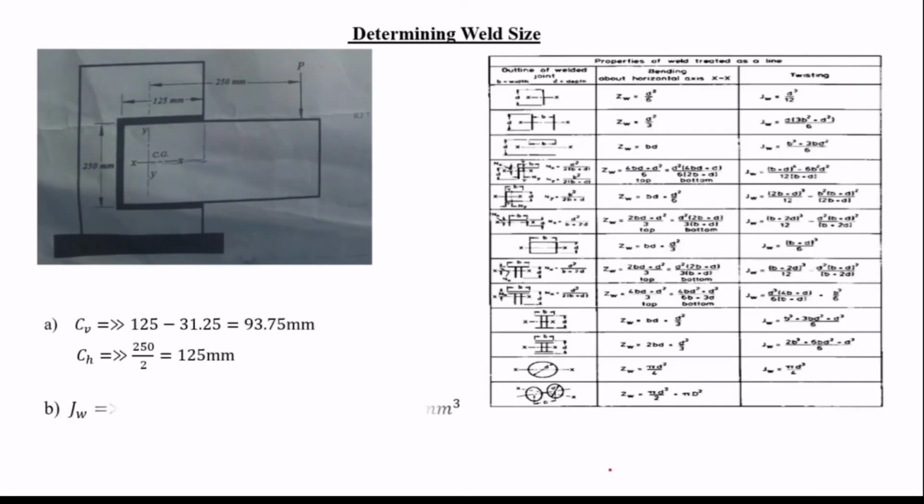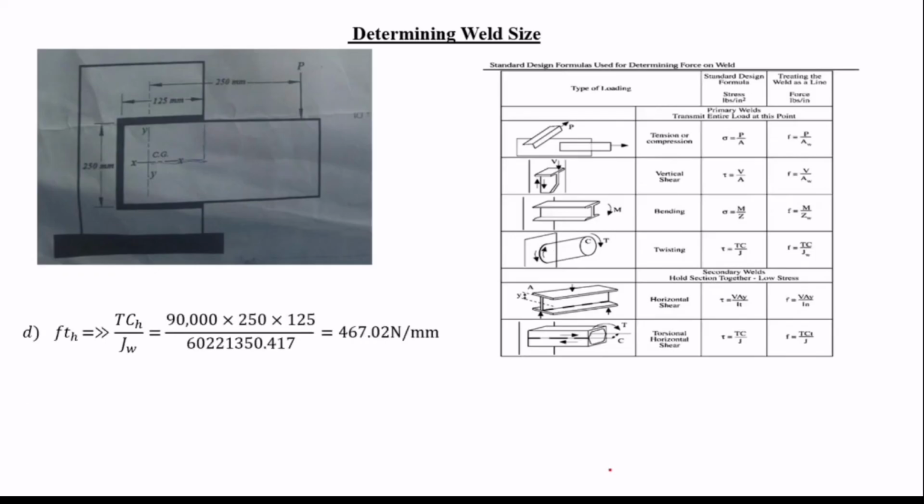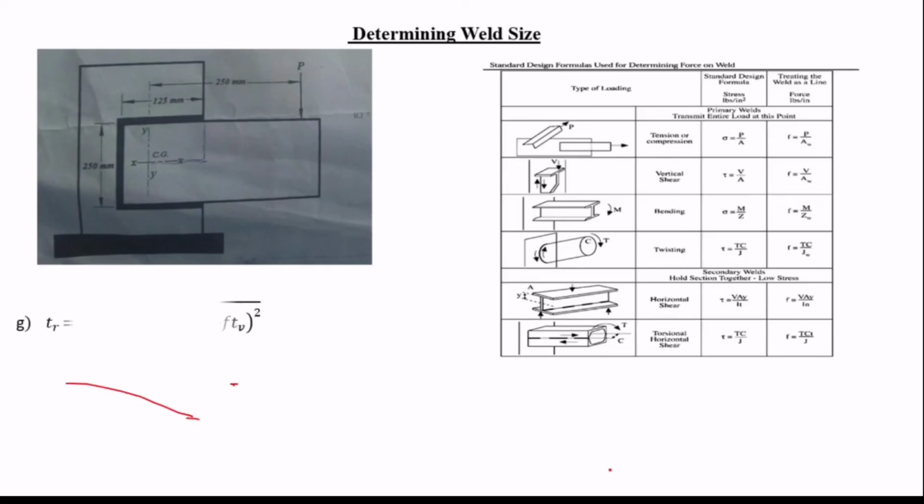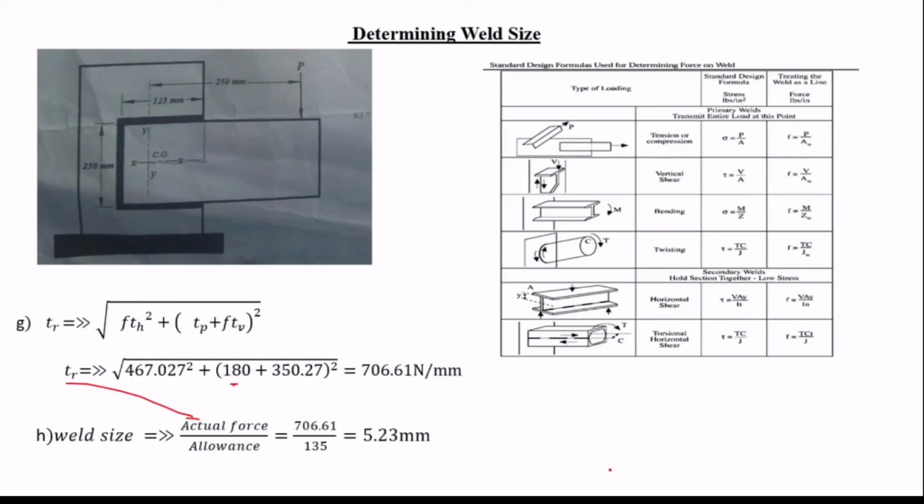So the allowable stress will be 135 megapascal, and the actual stress will be 706.61. The megapascals cancel, and at the end we get that our weld size will be 5.23 millimeter.